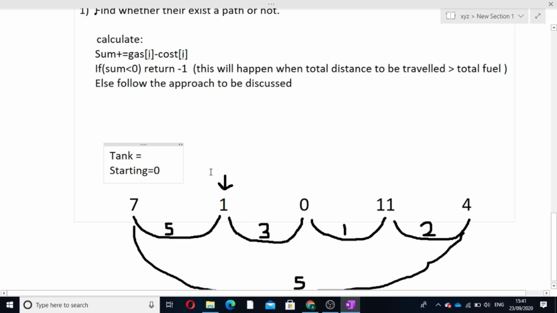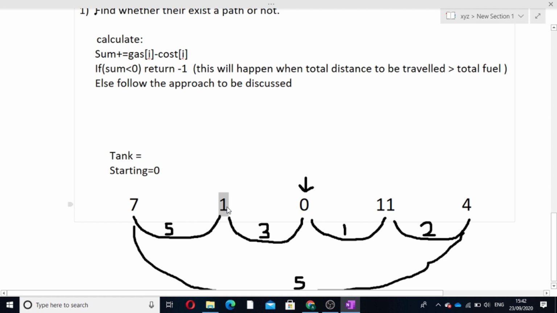So what we have seen is that when we start from this index, at maximum we are able to reach this gas station. So now if we continue our brute force approach and start with this gas station, what will happen? First of all, we will be losing some amount of fuel which we had gained from the previous trip. That is, we gained 2 units of fuel from our previous trip.